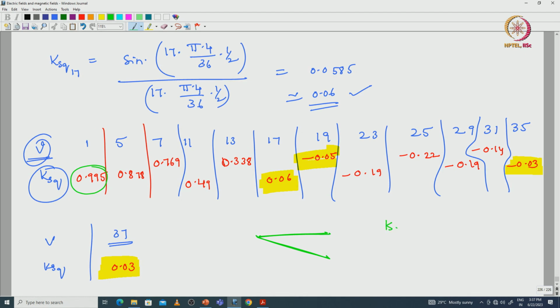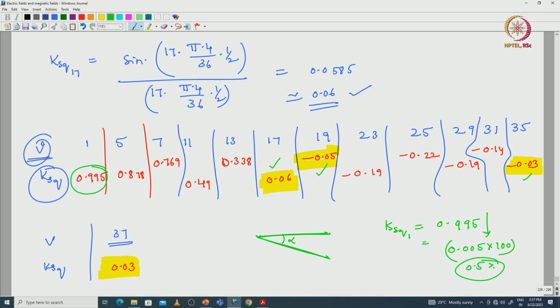The KSQ fundamental value is 0.995. That means it is coming down by 0.005 into 100%, so 0.5% of the fundamental value is coming down because of this skewing, whereas the slot harmonics 17th, 19th and other harmonics came down a lot. In order to minimize the other harmonics also, we can select the skewing angle alpha appropriately.